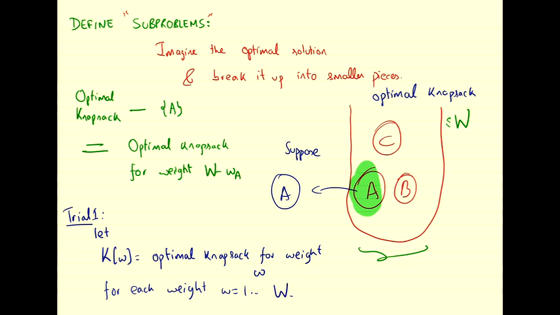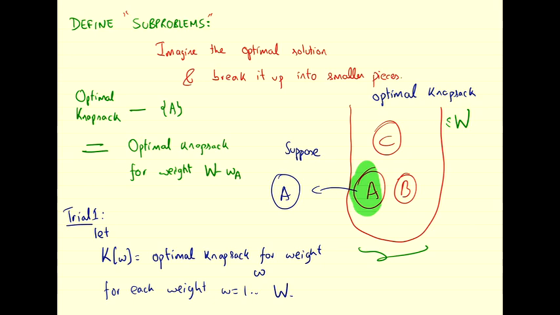Okay? Yes. But if you say it's the optimal knapsack for weight W minus WA, then you're not explicitly saying A, right? Yes. Right. So that's a good point. We'll come to that. That was my next point. We are considering every weight from 1 to W. Isn't that kind of wasteful since not every weight is possible?